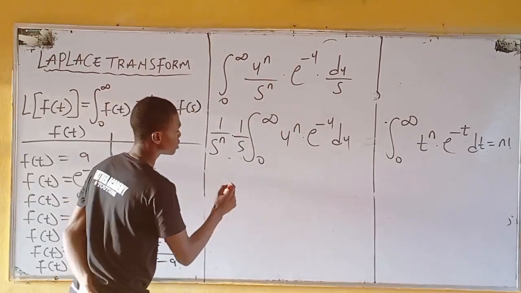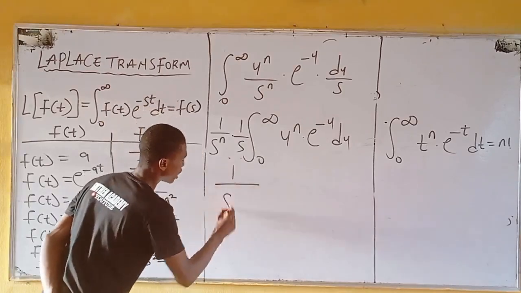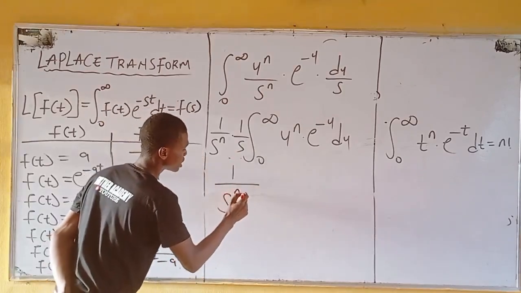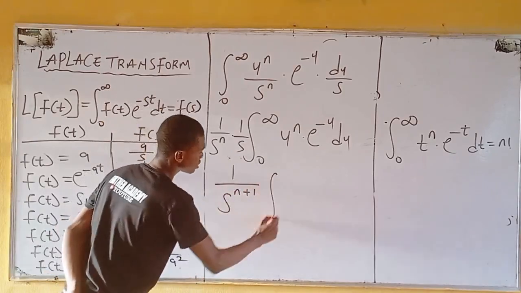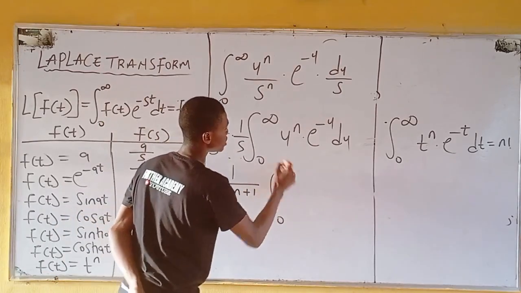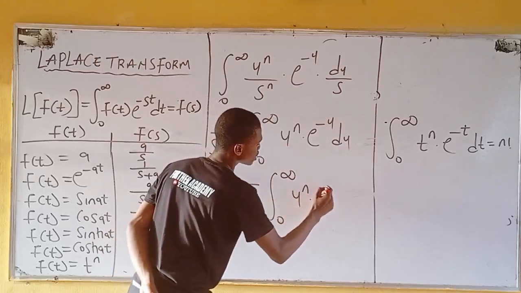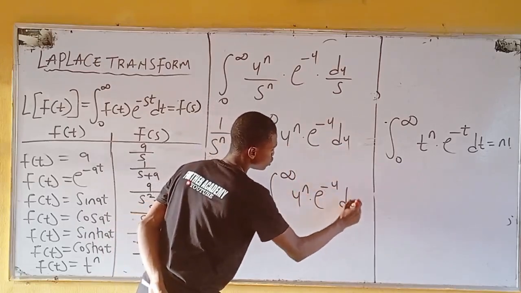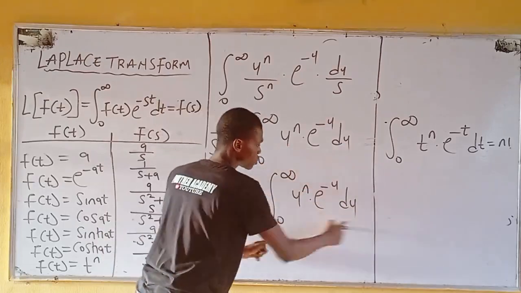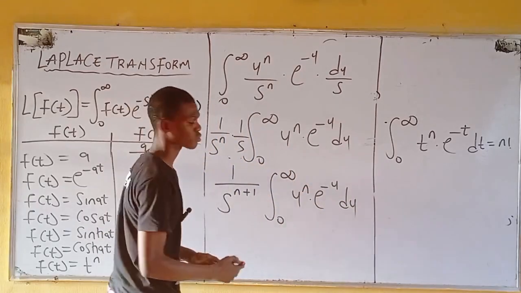Meaning I'm having 1 all divided by x, with the indices adding up, so this becomes n plus 1. The integral from 0 to infinity of u raised to the power of n, exponential of negative u du, by the gamma function, is n factorial.